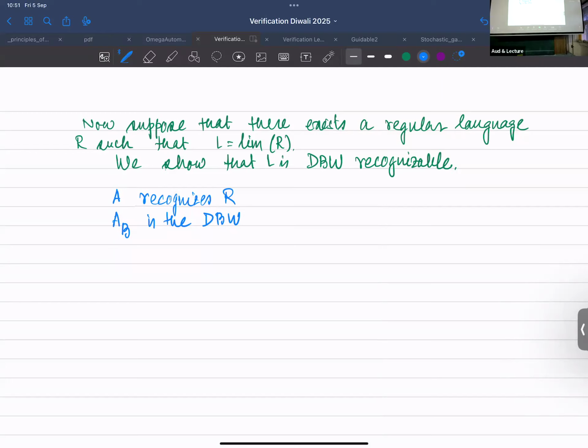And now my claim is that L of A_B equals L, which is the limit of R. So this is my claim.